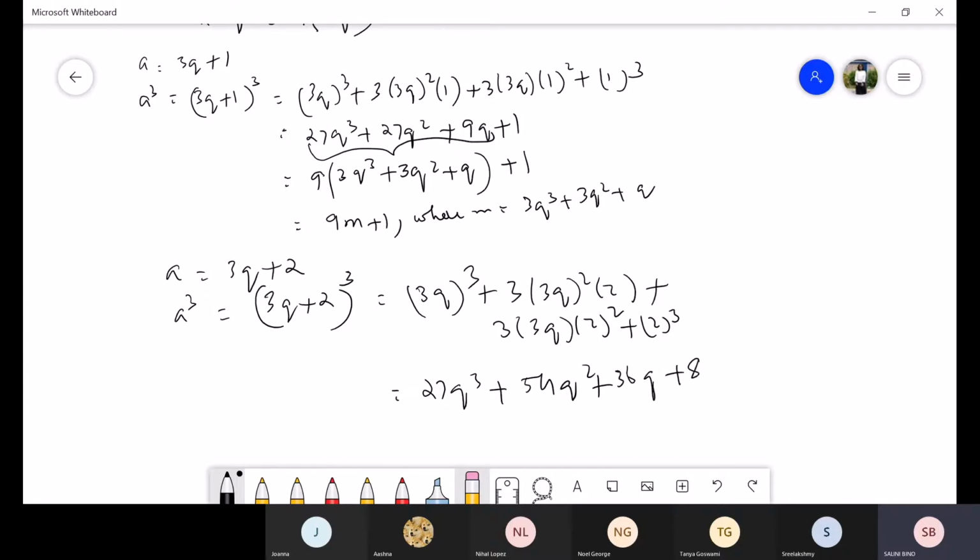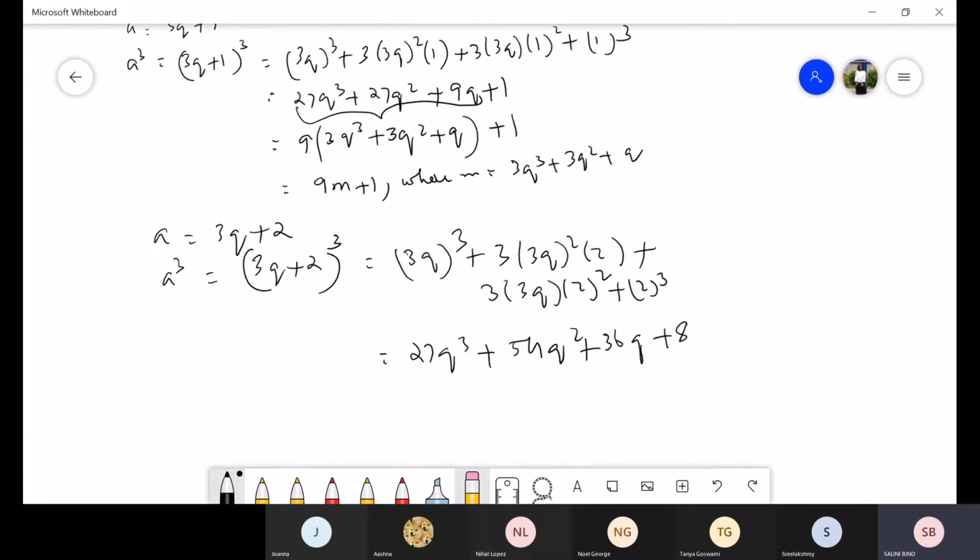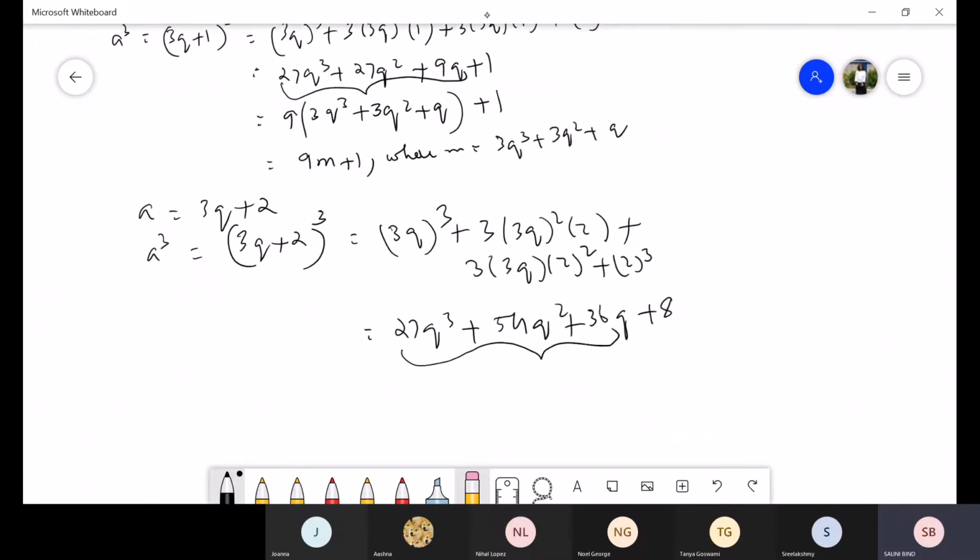Look at the first three terms. If I take 9 outside, it will be 3q cube, 6q square, right? Then 4q and plus 8. So remember, we have to prove 9m or 9m plus 1 or 9m plus 8.